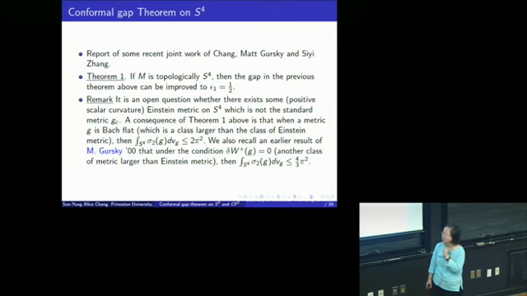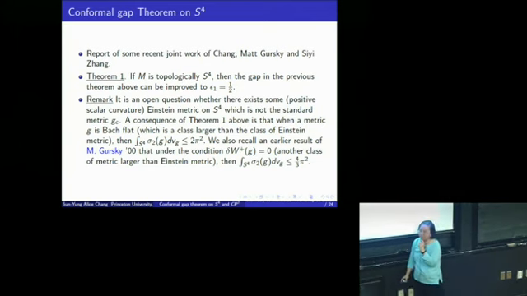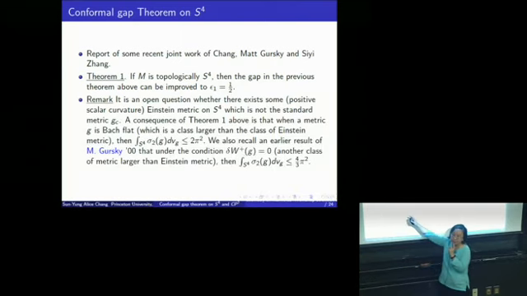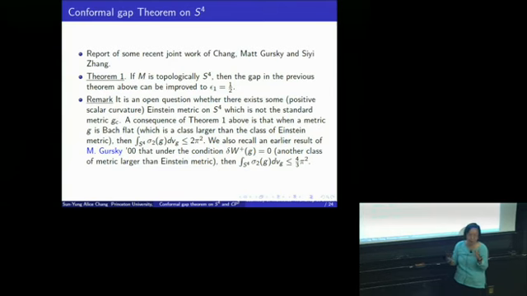Okay. And a consequence of our theorem is, if g is Bach flat, which is a class larger than Einstein metrics, then this thing is already less than 2 pi square.